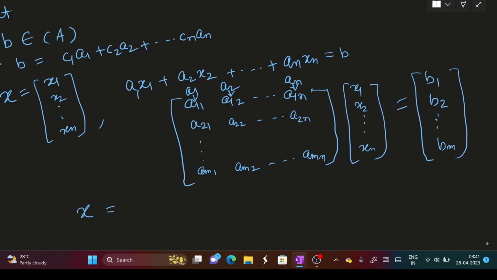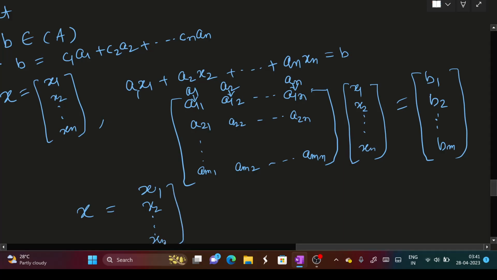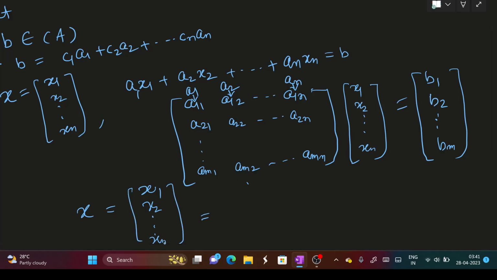X is equal to x1, x2 and so on, x3, xn, that is equal to c1, c2 and so on up to cn.